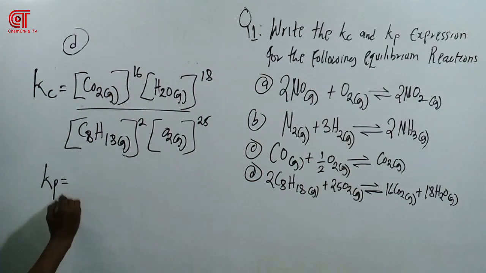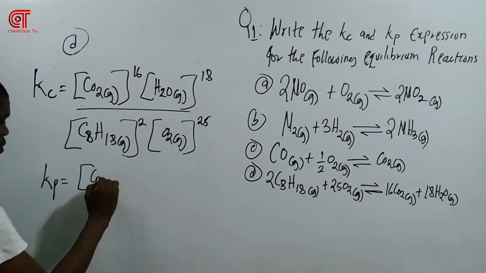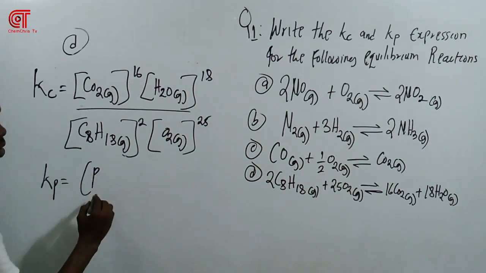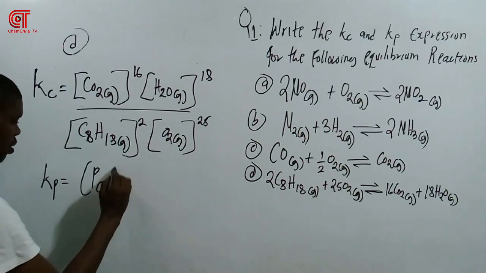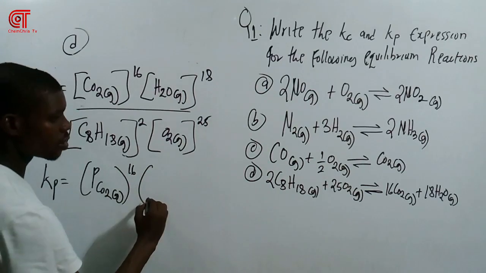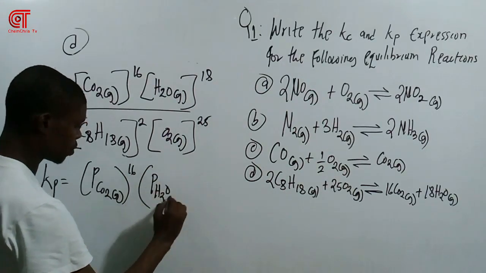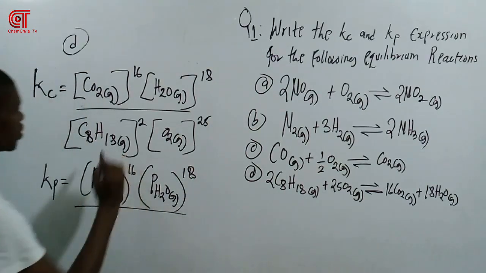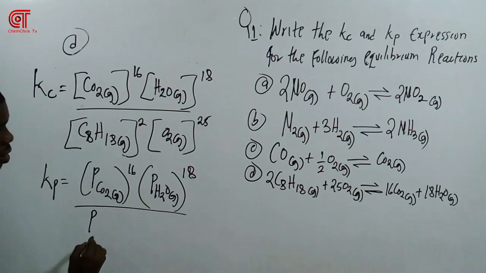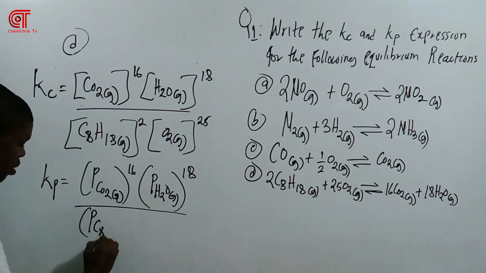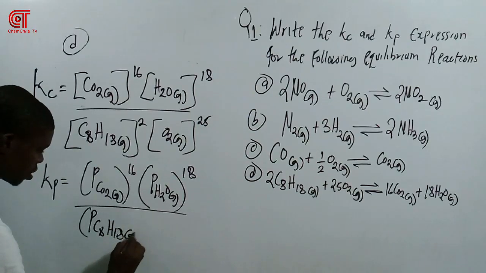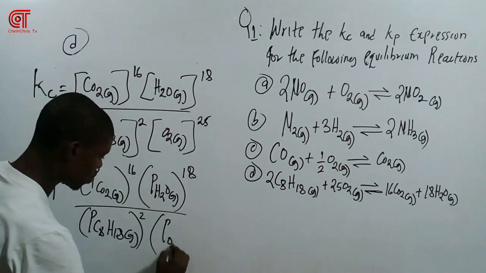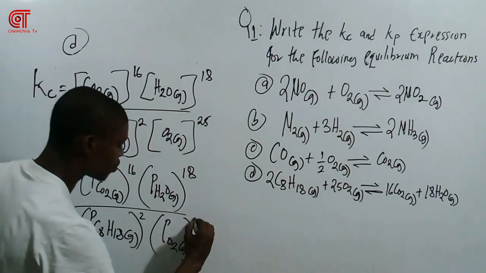So Kp equals P of CO2 gas to the power 16, then P of H2O gas to the power 18, over P of the hydrocarbon to the power 2 and P of O2 to the power 5.